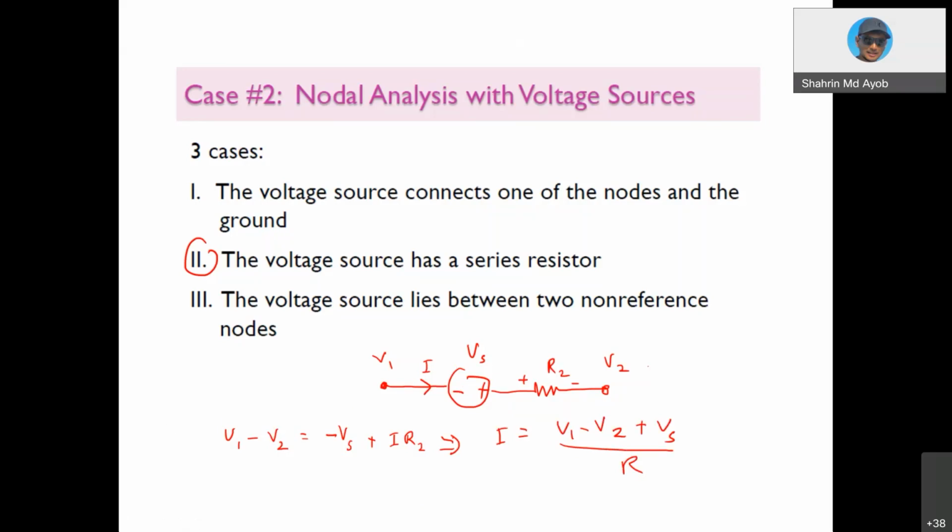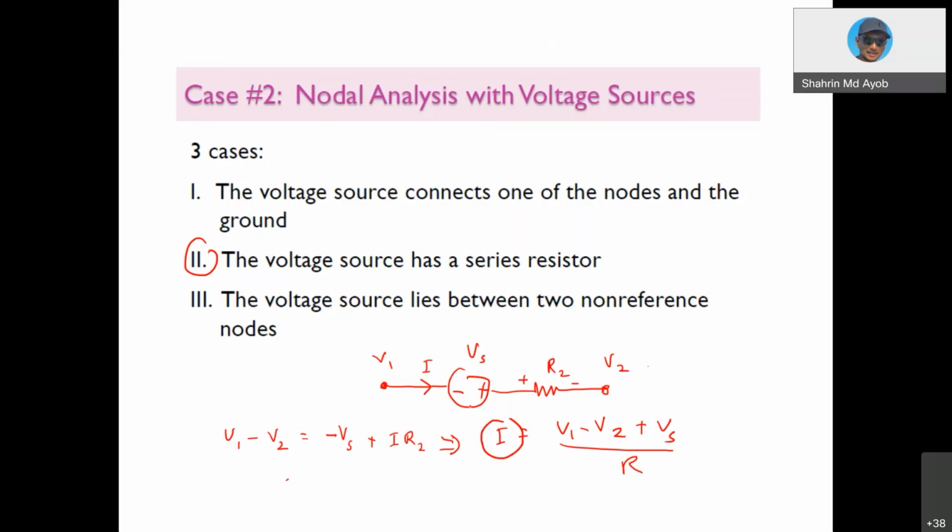Okay, Doctor, is this for if the current is in the opposite direction? No. This is when you encounter a circuit that has, between a node, a voltage source and a resistor. So how can you write down the current equation, the branch current equation?